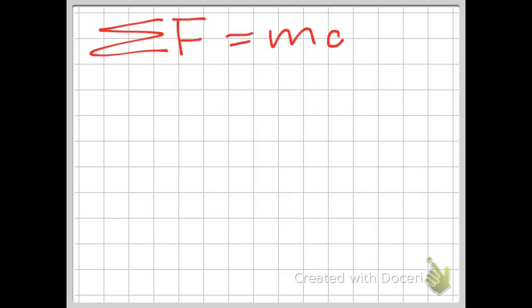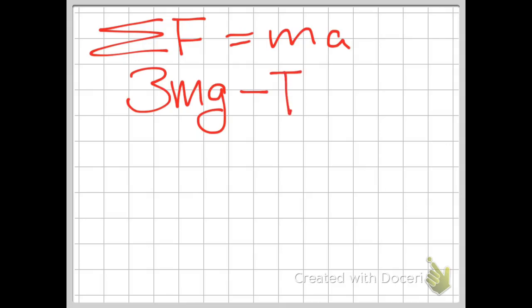The first thing we should consider is the sum of the forces. So the net force of the system is going to be equal to mass times acceleration. And we know that the 3 times the mass weight is pulling down. So there's that force, and opposing that is tension, and that is equal to mass times acceleration.